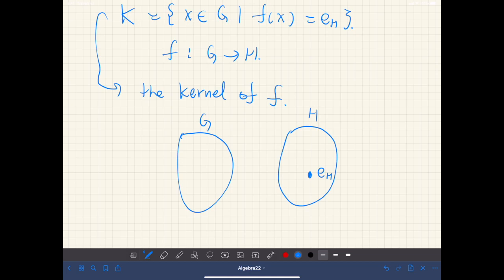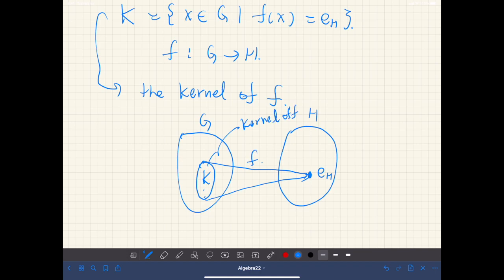Every element of G that is mapped to this particular element forms the subset K, the kernel of f.